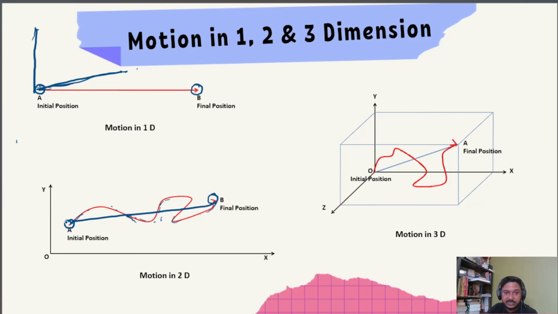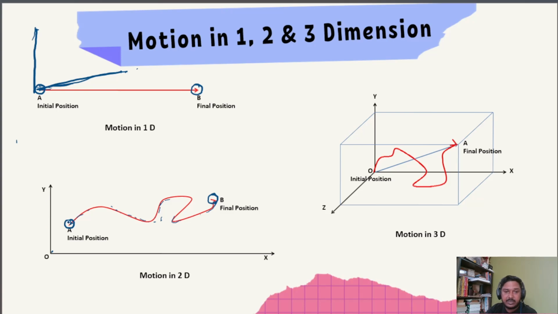So a single axis is insufficient to explain or measure the parameters associated with this kind of motion. Instead of using a single axis, we will be using a two-axis system that will explain the motion completely. If we have O to X, this is the X axis, and from O to Y, this is the Y axis.